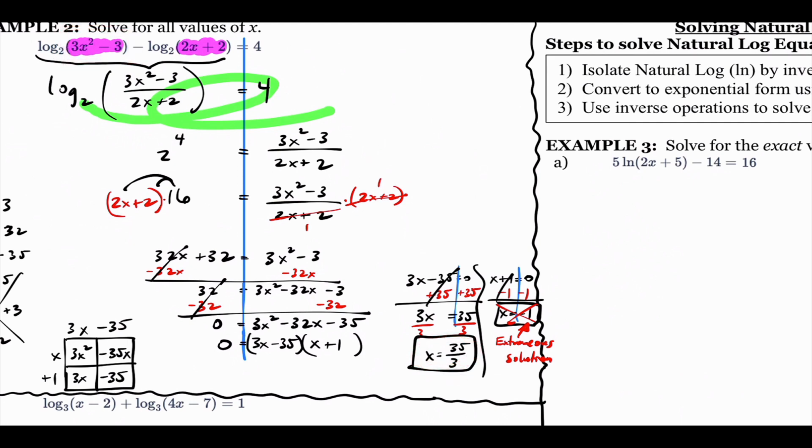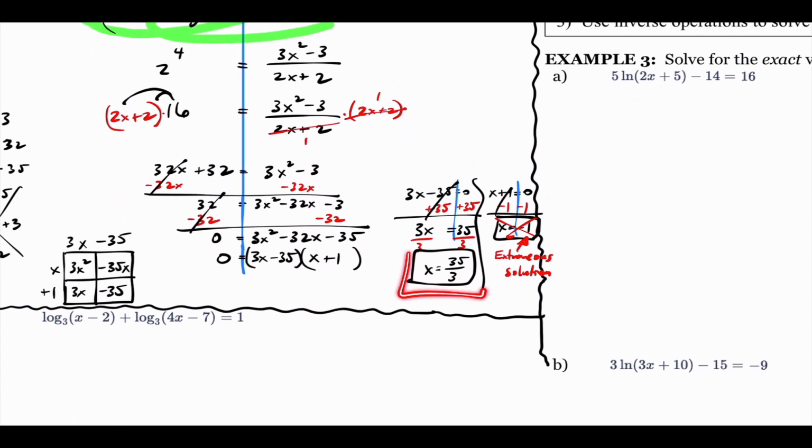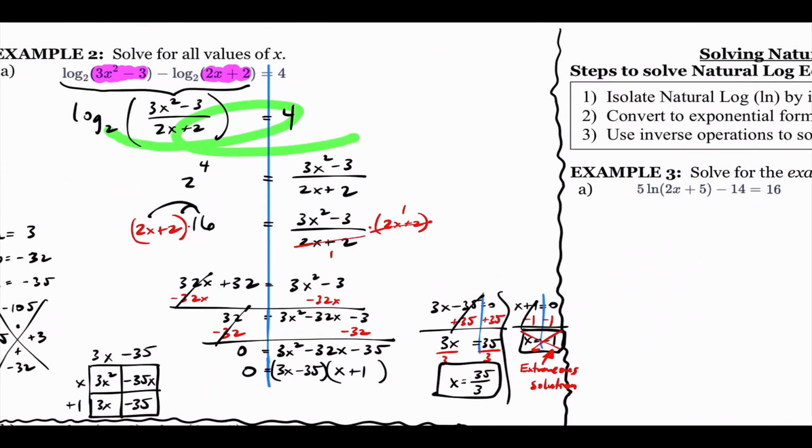If I was to plug in 11 or 12 over here, it would times 2. So it would be about 22, 24, around 23-ish. Plus 2 is still positive. So this answer is okay. 35 over 3 is okay because it doesn't give me a negative or a 0 up here.